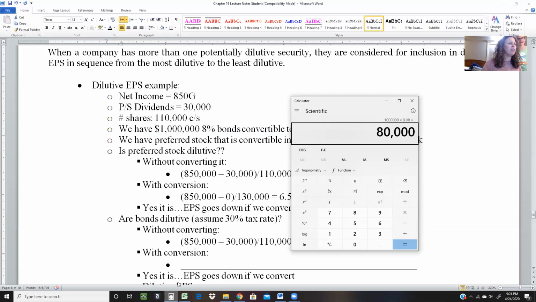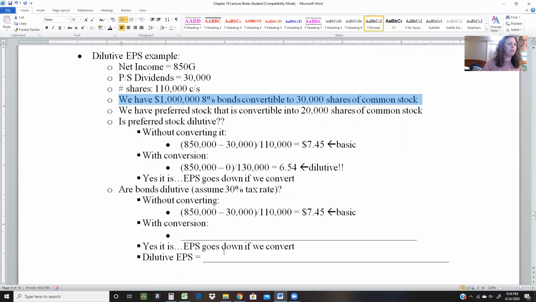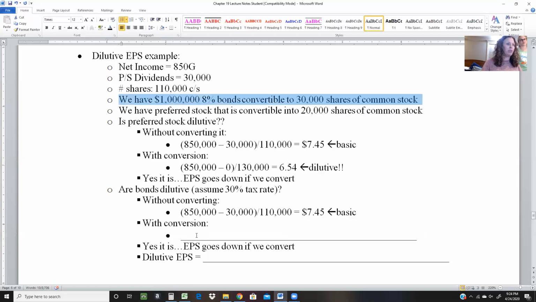So what's our tax rate? They have to tell us our tax rate. Oh, there it is. Assume a 30% tax rate. So we're going to take that times 0.7, because 30% of it will go to taxes. So our net income will be going up by 56,000.